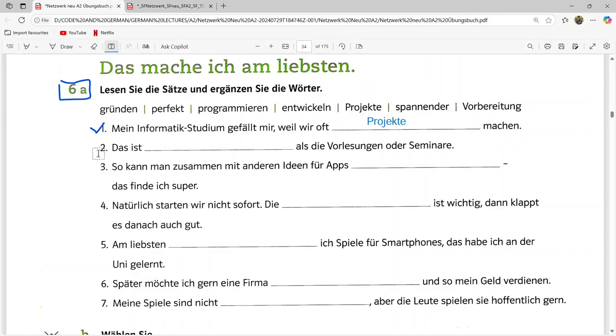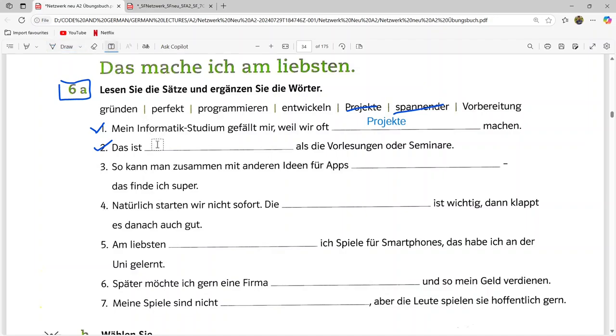Okay. Next one. Das ist blank als die Vorlesungen oder Seminare. So that is better than the lecture and the seminar, more exciting. So spannender, we can use this one.